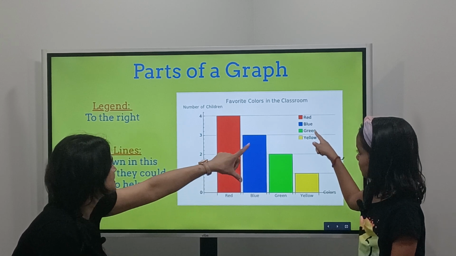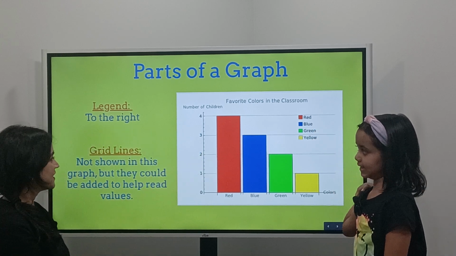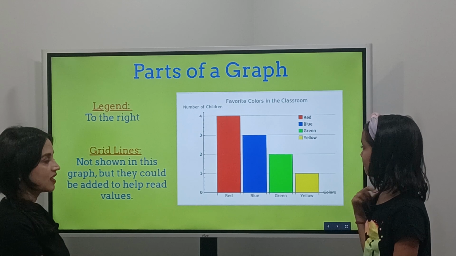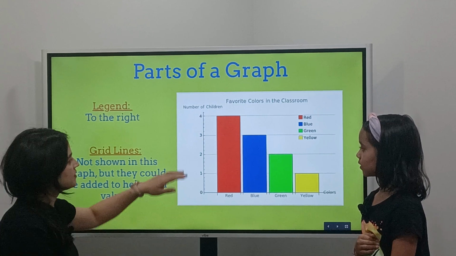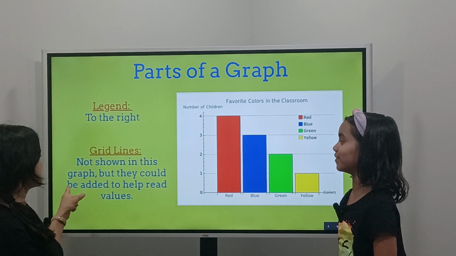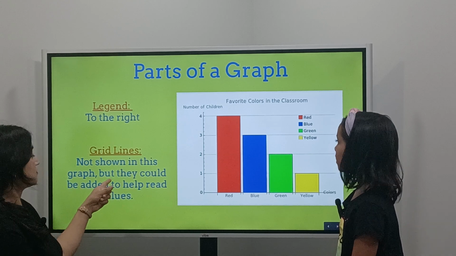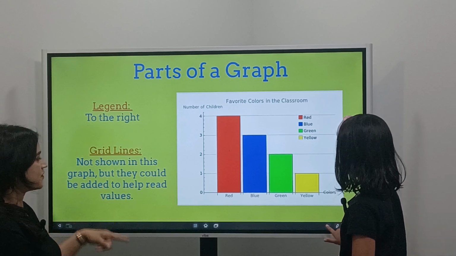So the legend means that one. And to the right, grid lines. Grid lines, Lena, are not shown in this graph, but they could be added to help read values.